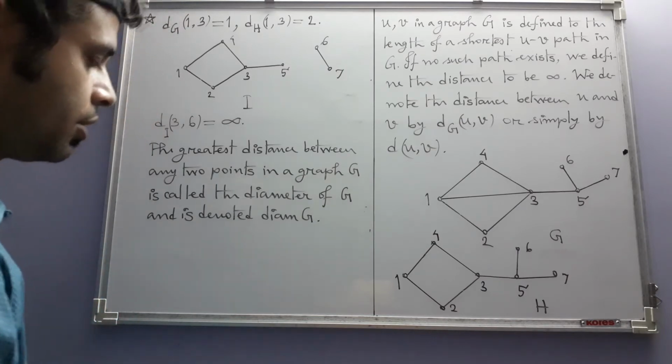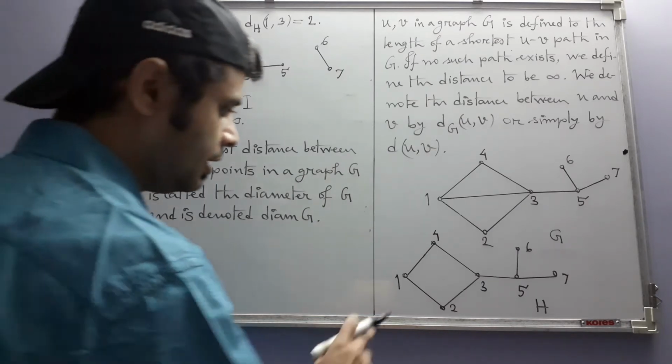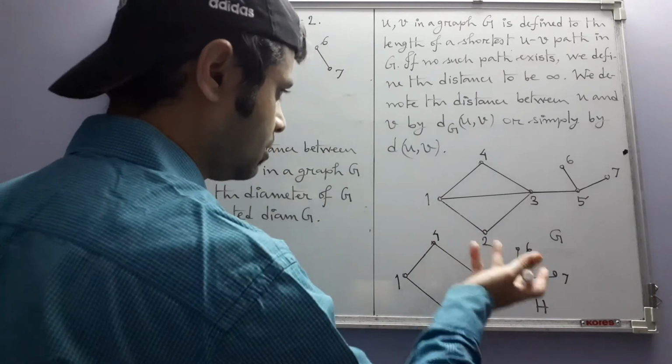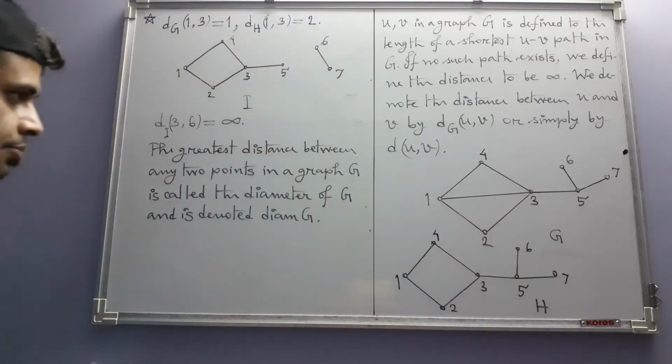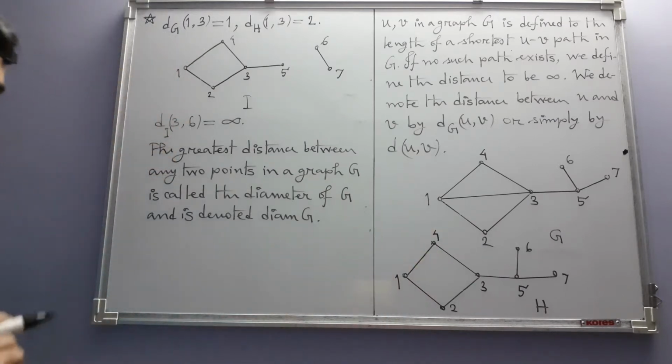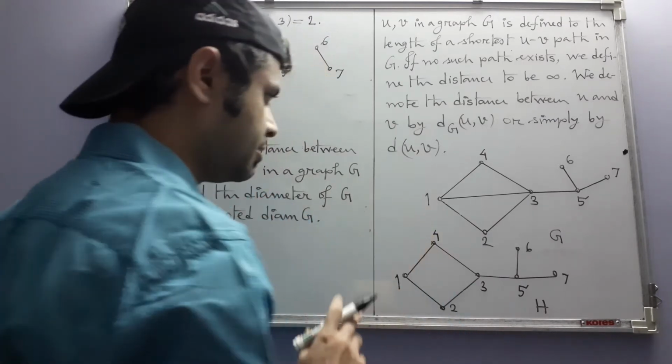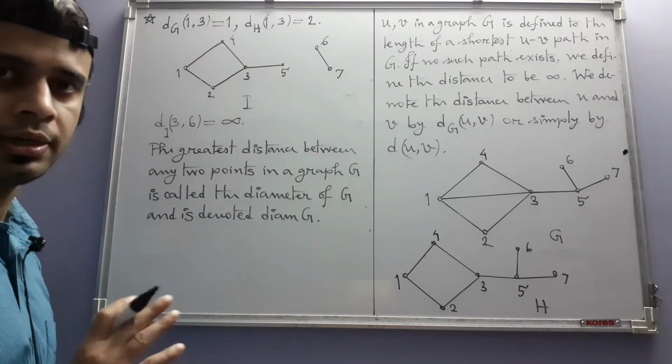Okay. For example, in this graph, in this G itself, what can the diameter be? You have to look for the distances between any 2 points.